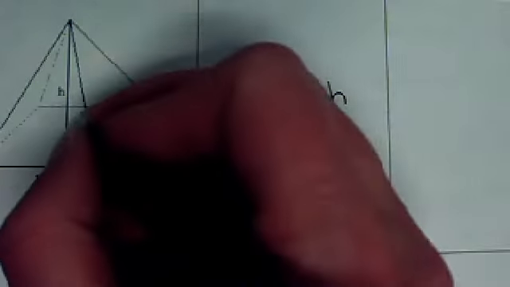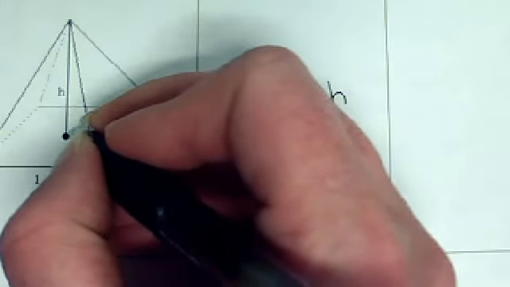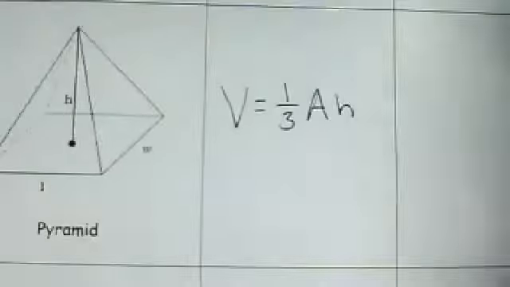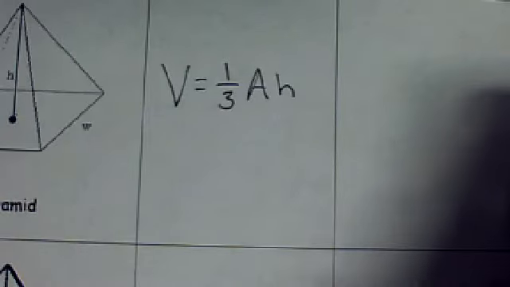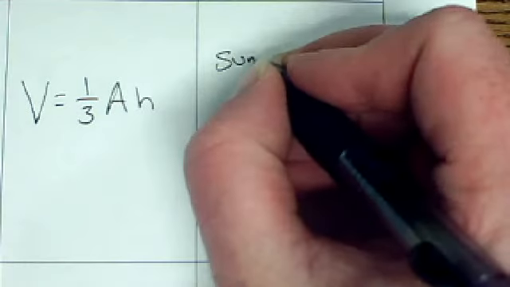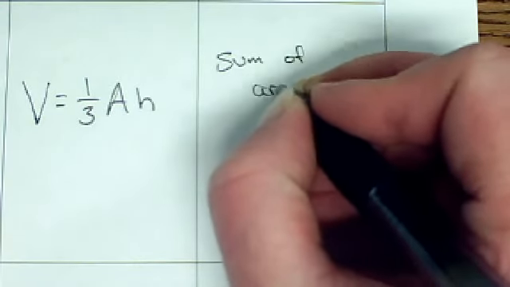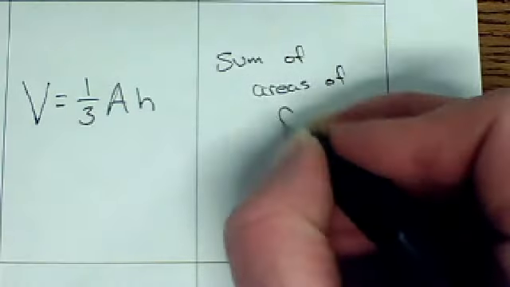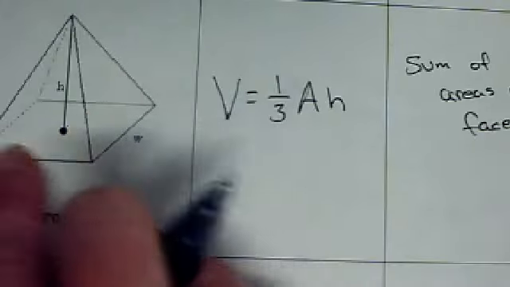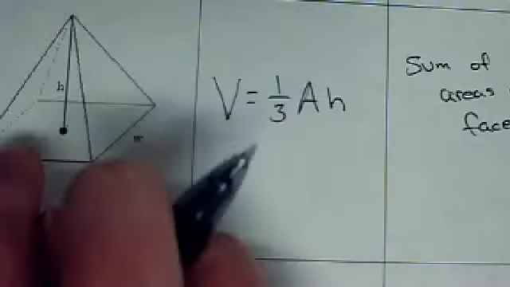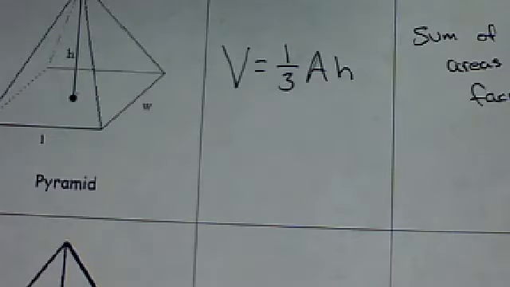And notice that the height is going to be that vertical height from the center of the base up to the top. It's got to be perpendicular to the ground. The surface area, well, gosh, it's the sum of the areas of the faces. On this one, you would have that base, and then you'd have each of those triangles.